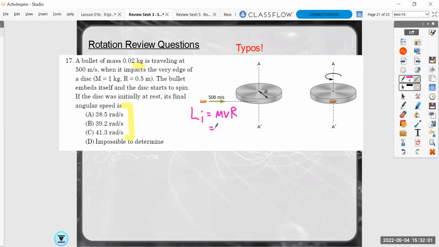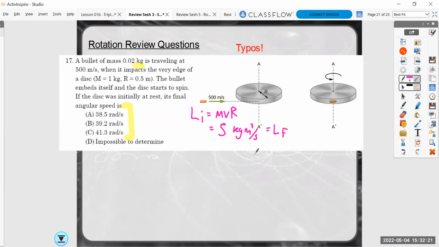So it starts off with initial angular momentum of just 5 kilogram meters squared per second, our unit for angular momentum here. That has to be exactly the same as our final angular momentum.